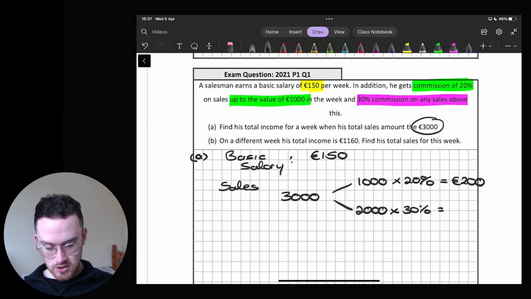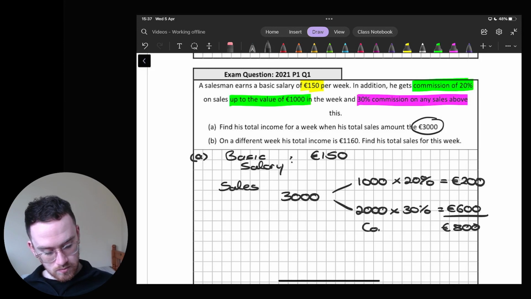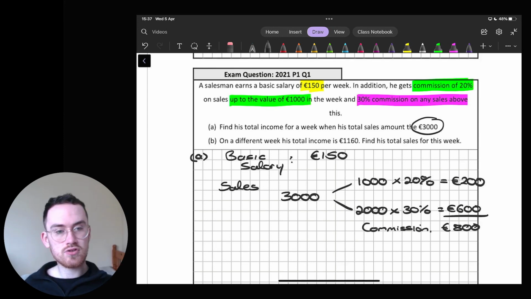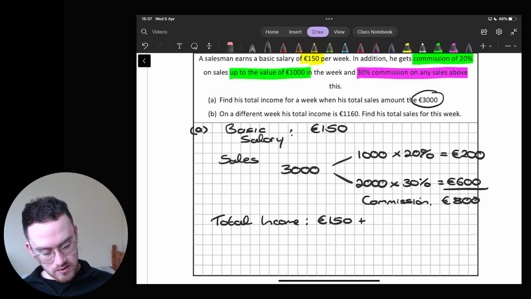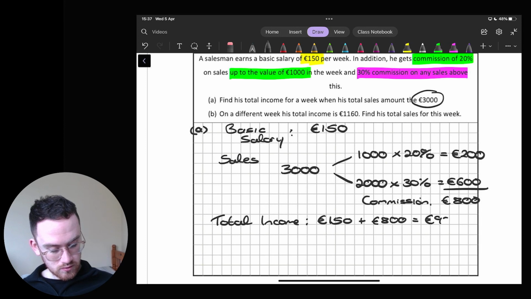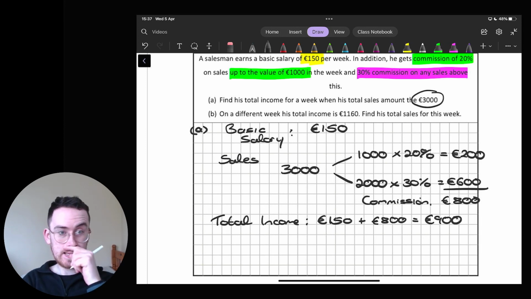So 30% commission gives me a value of 600. So €800 will be the total commission. Okay, so €800 is my total commission. So his total income is €150 basic plus his €800 commission, which gives me €900. That's his total income for the week.